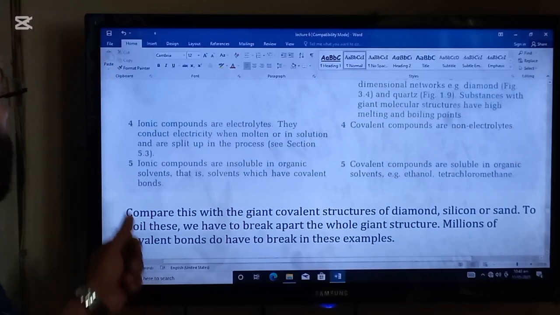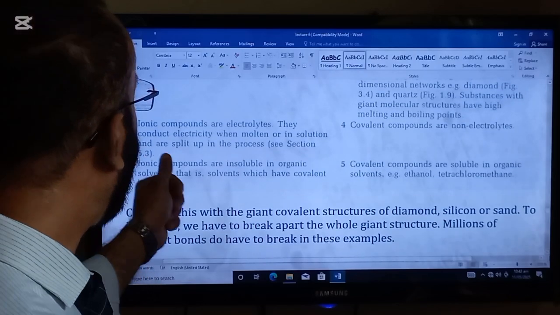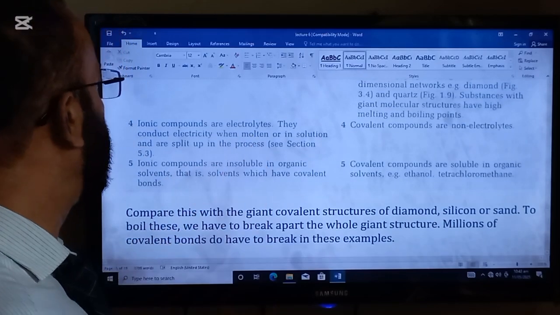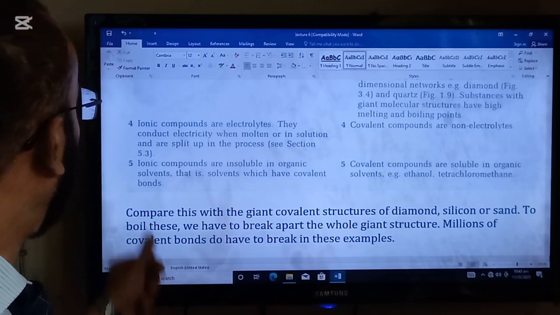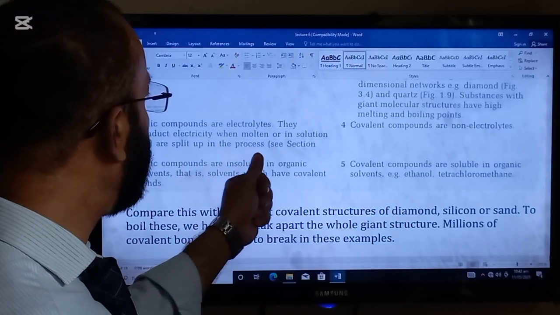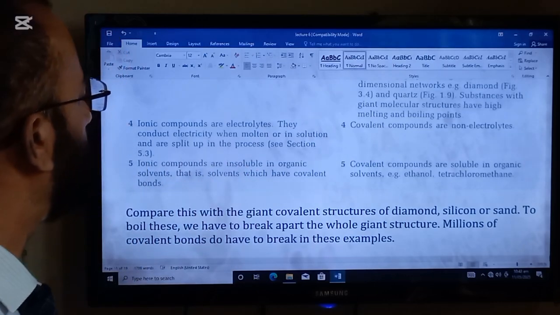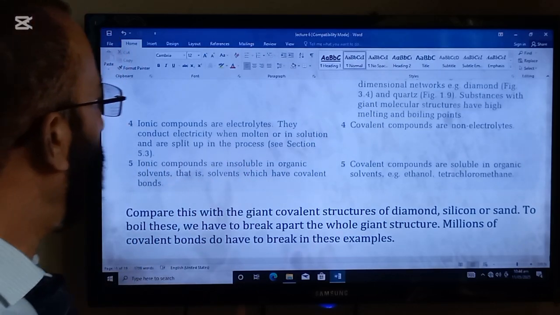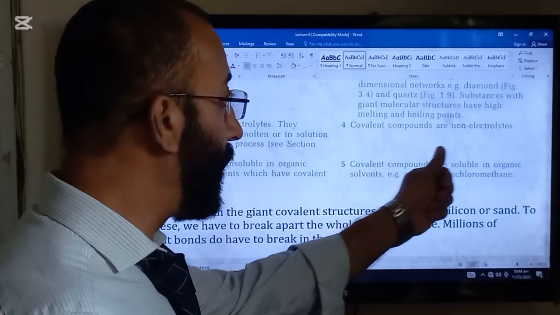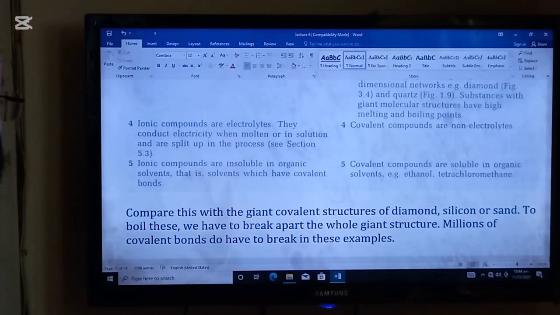Ionic bonding. Ionic compounds are electrolytes. They conduct electricity when molten or in solution and are split up in the process. Whereas covalent compounds are non-electrolytes.